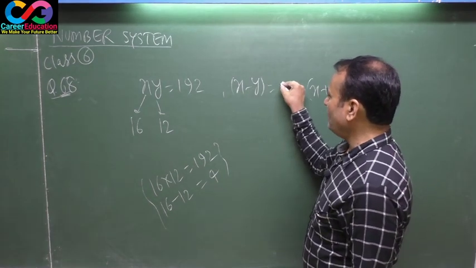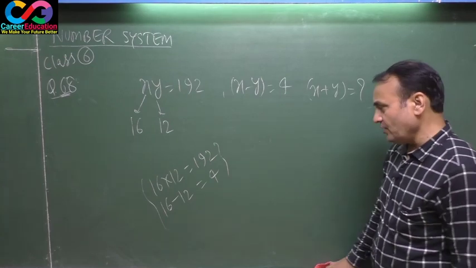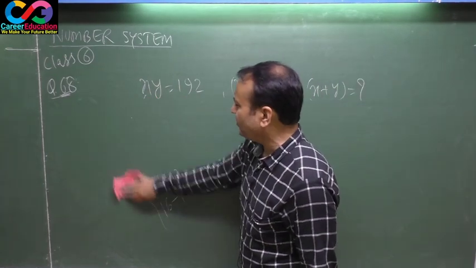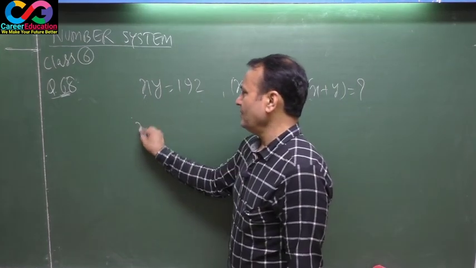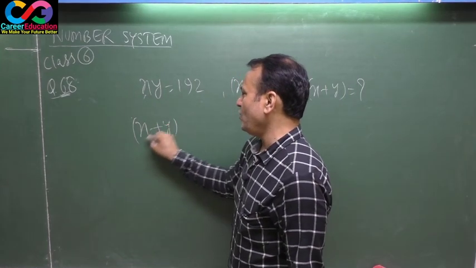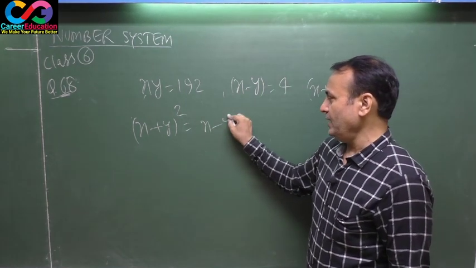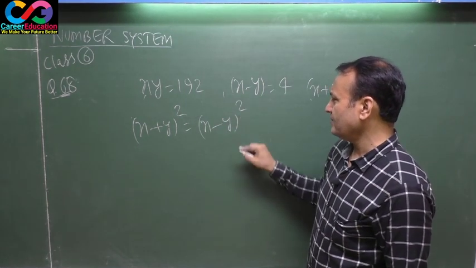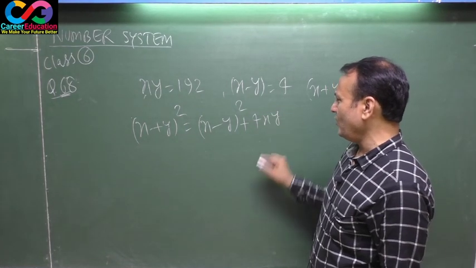If you want to solve this question through the basic method, certainly there will be one formula and the formula will yield everything itself. See here. (x plus y) square equals (x minus y) square plus 4xy.